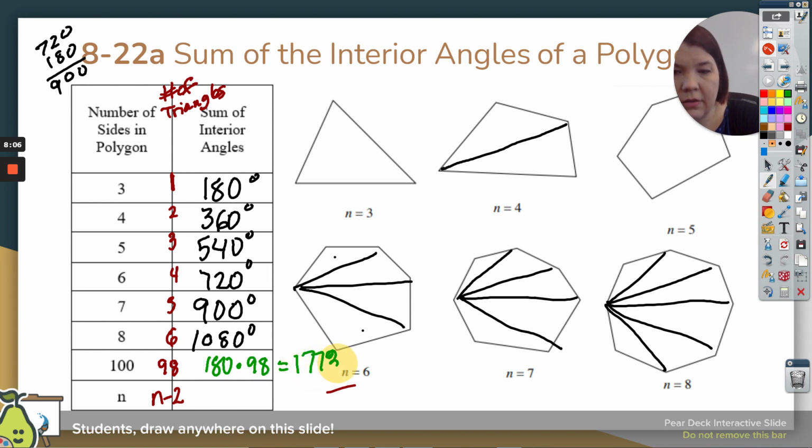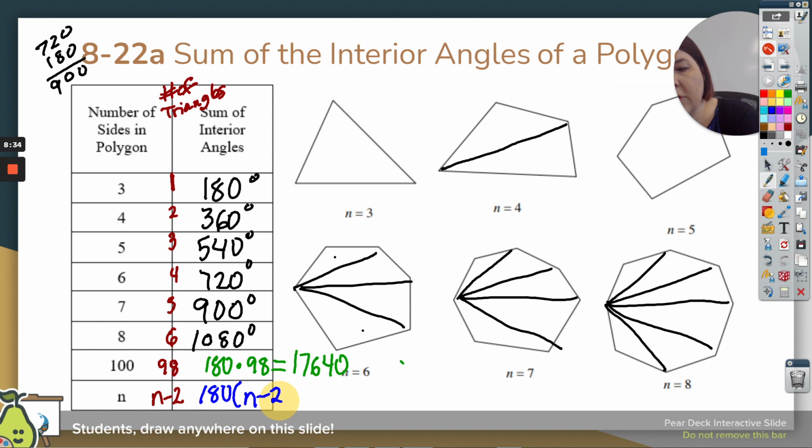Nope, that's wrong. Oh, I typed it wrong. Equals 17640. And since it's n minus 2, my final one will be 180 times n, take away 2.